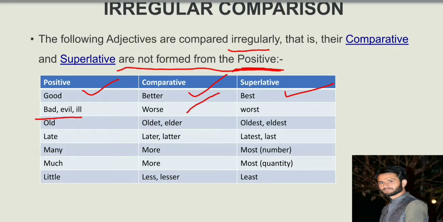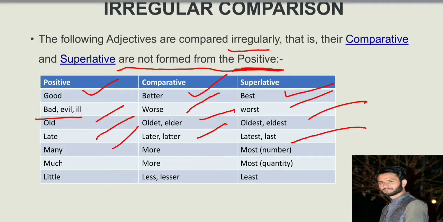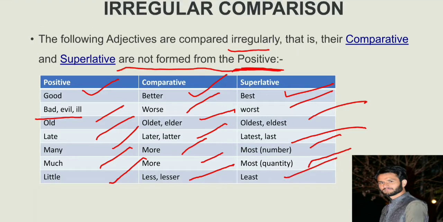We have worse and worst; old: older or elder, oldest and eldest; late: later, latest and last; many: more and most in number; much: more and most in the sense of quantity; and at last we have little. The comparative of little is lesser, and the superlative is least.